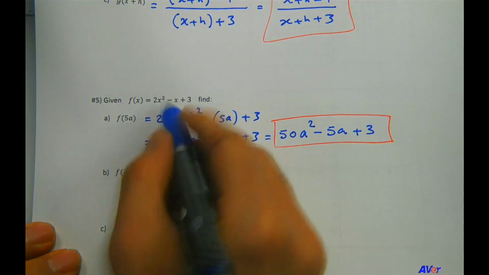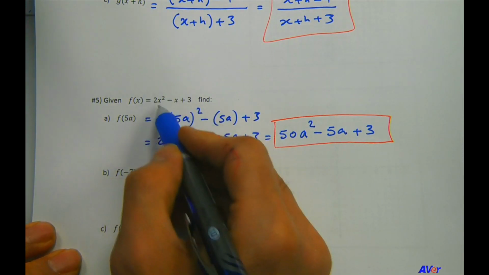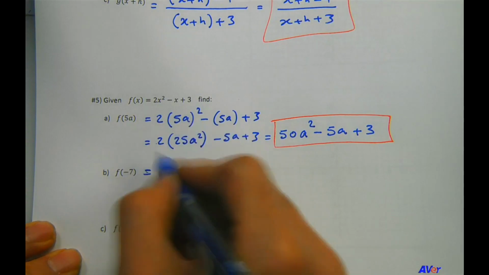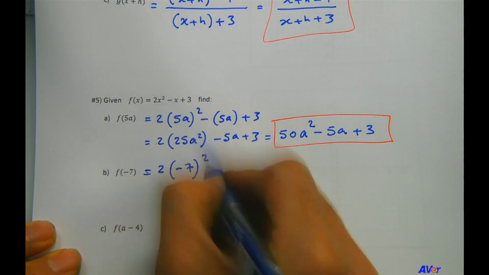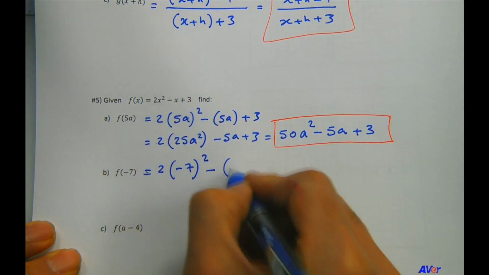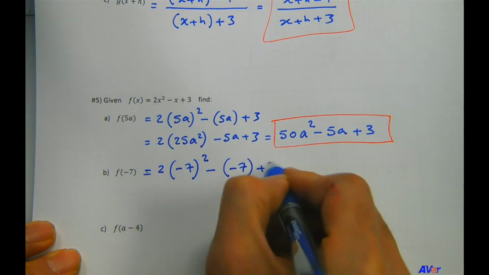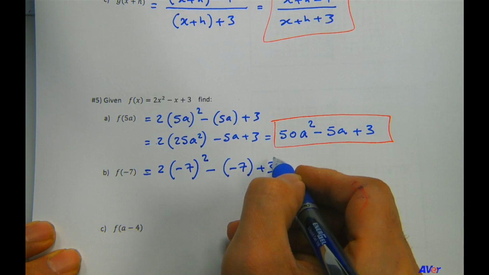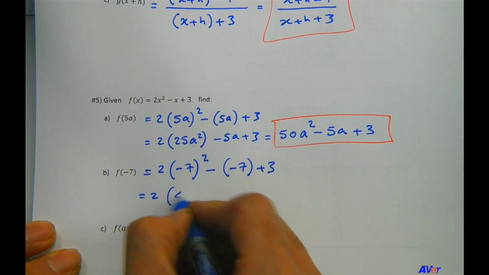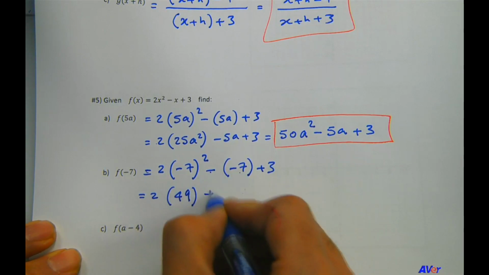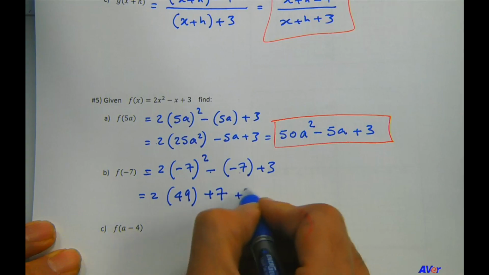So equals 2 times, wherever you see x, replace with -7. So 2 times -7 squared minus x becomes minus -7, plus 3. Okay, so -7 squared is 49, positive 49. Minus -7 is positive 7, plus 3.